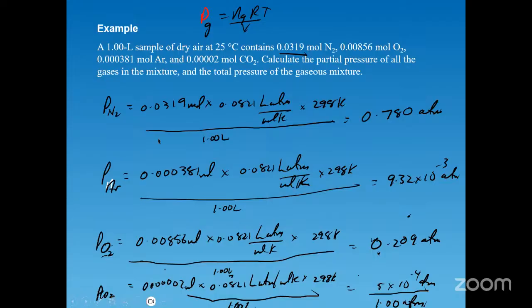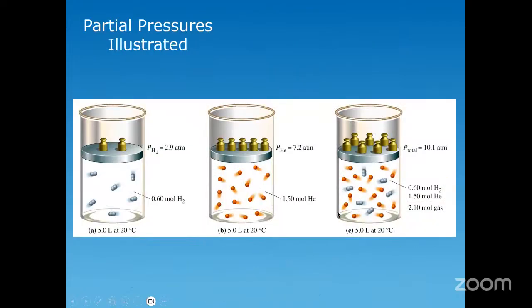Any questions? All right, this is just a pictorial representation of what we just discussed. Two gases put in the same container, the total pressure will be the sum of the individual pressures. So like in this case here, the two gases, one is hydrogen, the other one is helium. By the way, the volumes will be the same and the temperatures are the same, right? 5 liters, 20 degrees.